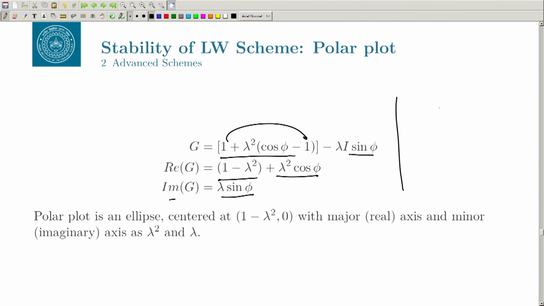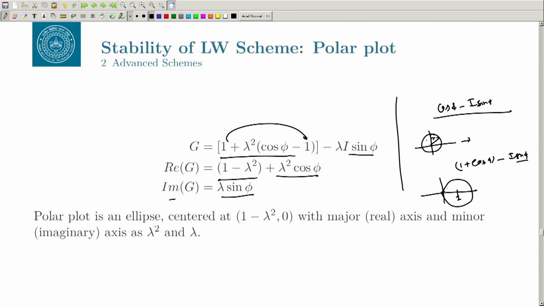So, when we had cos phi minus I sin phi, okay, then we had the polar plot which was a circle, right, with a radius 1. Now, let us say we have 1 plus cos phi minus I sin phi. So, then you will have basically a circle which is at 1, okay, and it will become like this, right.